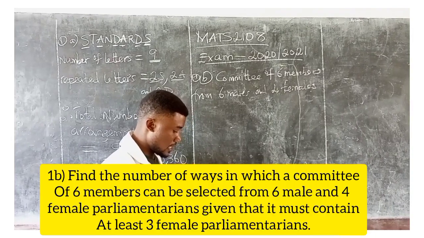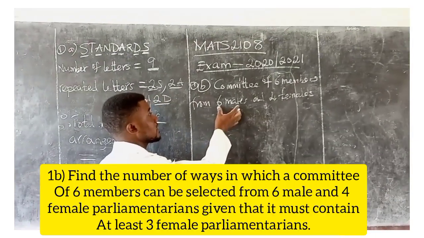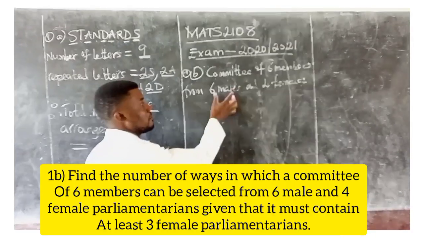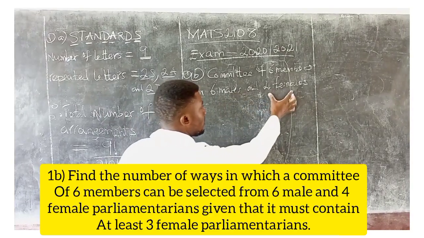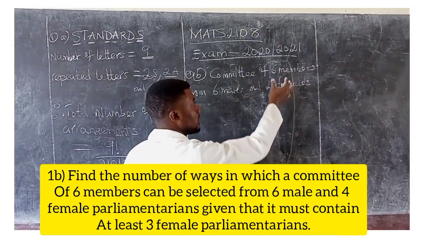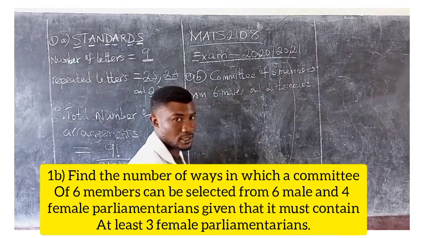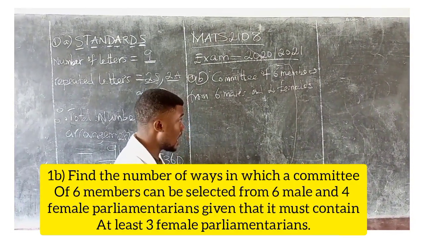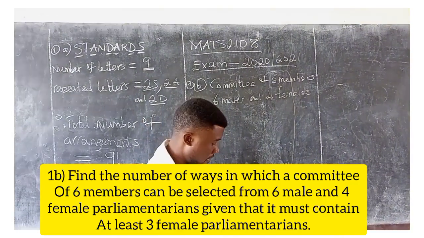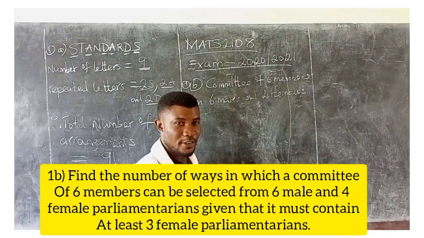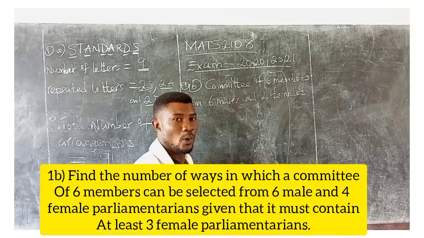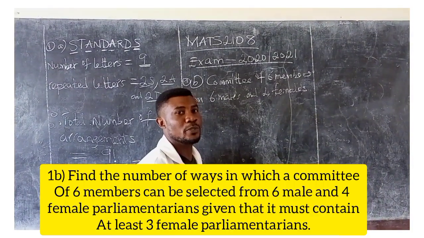The condition is that we have to select some people from the males and some people from the females, so that the total number of selections should be 6 per selection. And then the condition is that each selection must have at least 3 females, meaning that the lowest number of females in each selection should be 3.